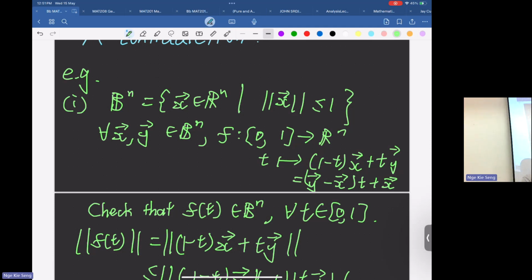It's like y equals mx plus c. m is this thing, x is this thing, plus c is this thing. You can imagine it that way, because I'm treating t as a single point.